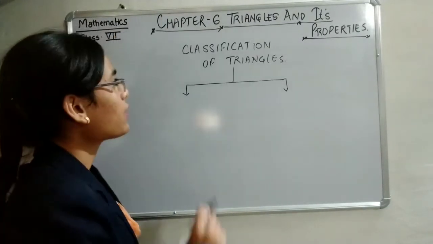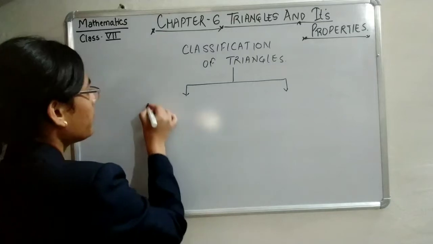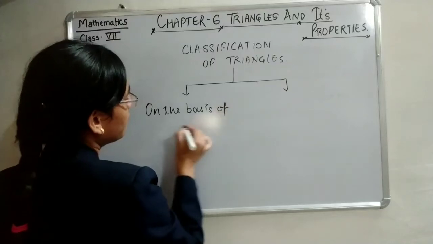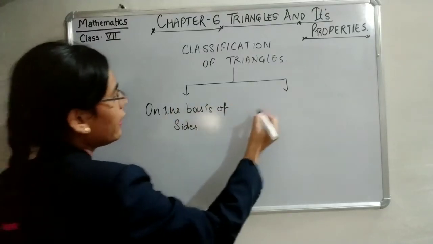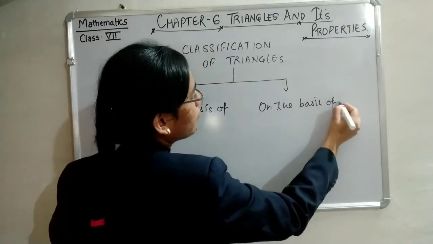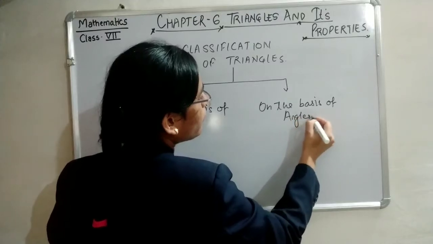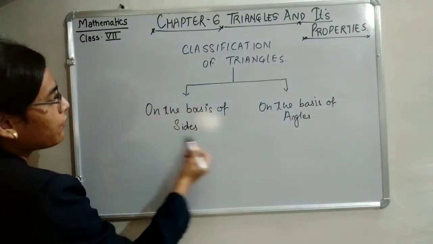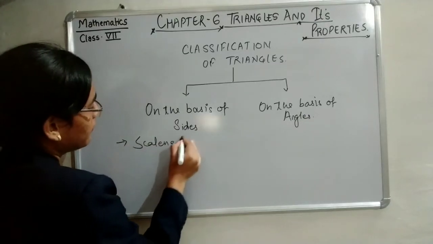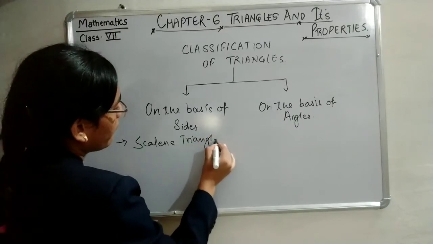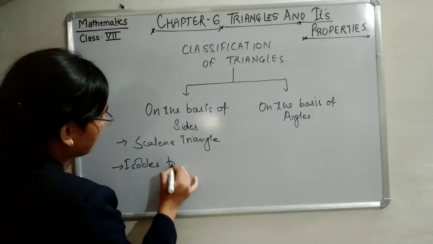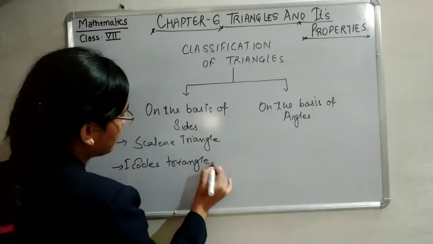We will see the classification of triangles, first on the basis of the sides, and second on the basis of their angles. So we have three different classifications on the basis of the sides. The first one is scalene triangle, the second is isosceles triangle, and the third is equilateral triangle.